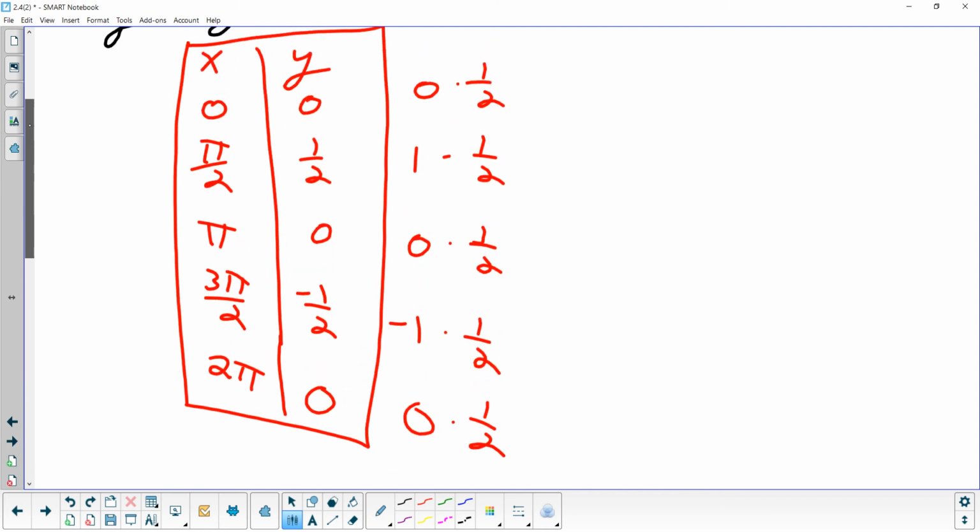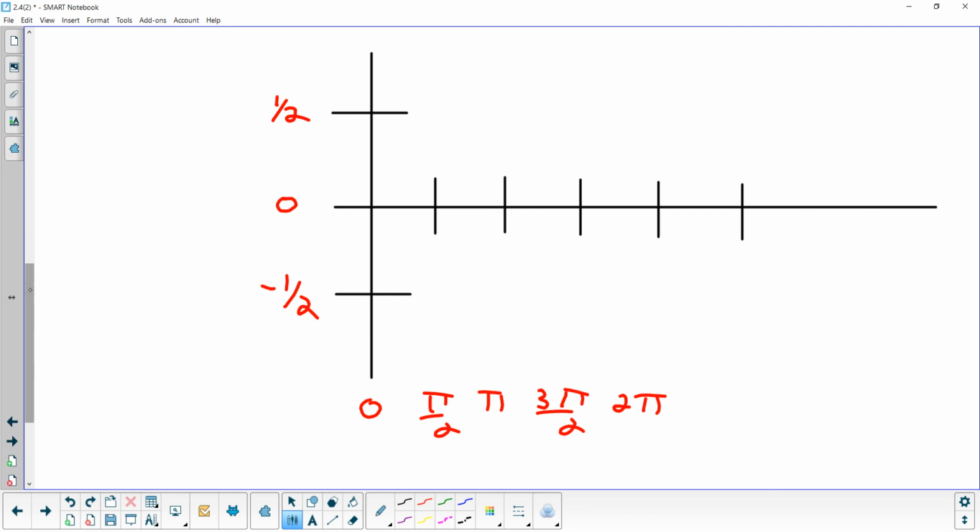Now plot your points. 0, 1/2, 0, negative 1/2, 0. Again, this is part of a wave, so try to make it look that way.